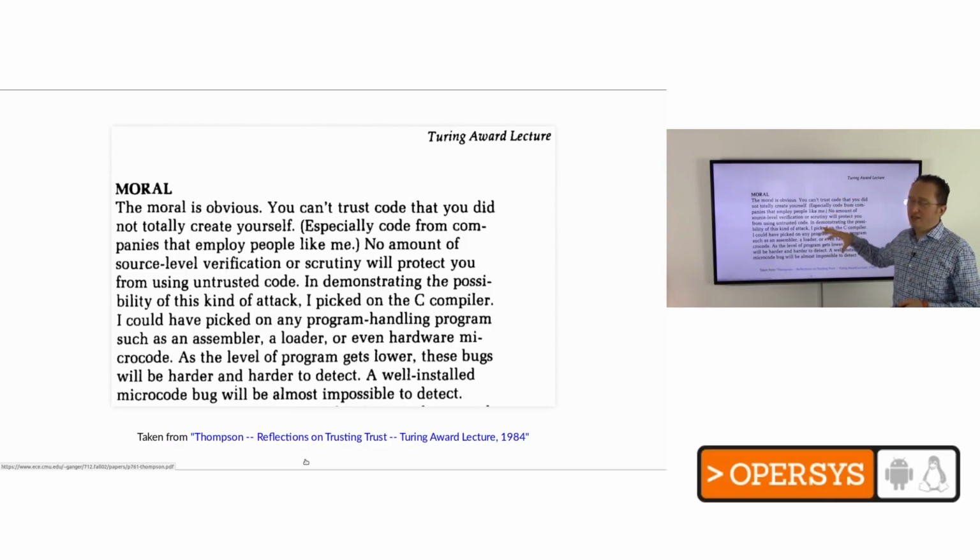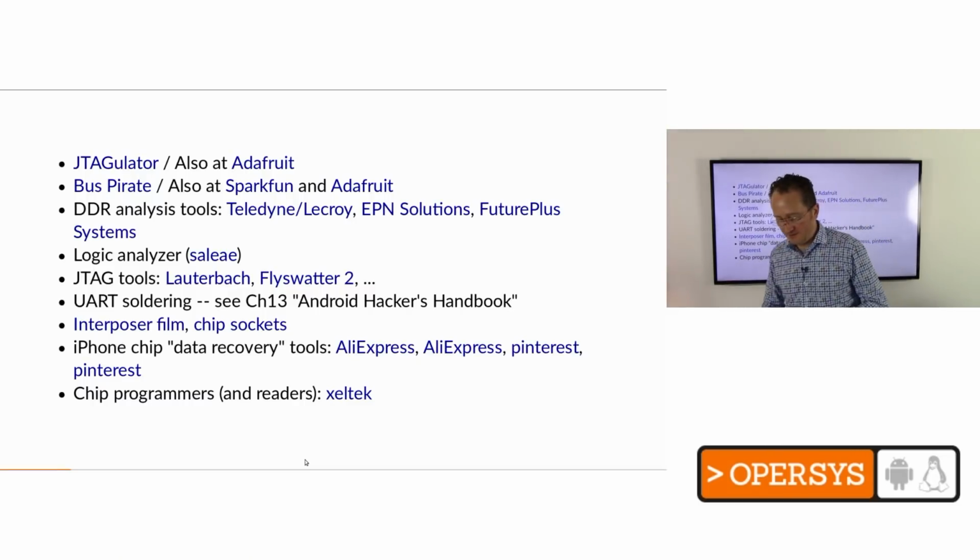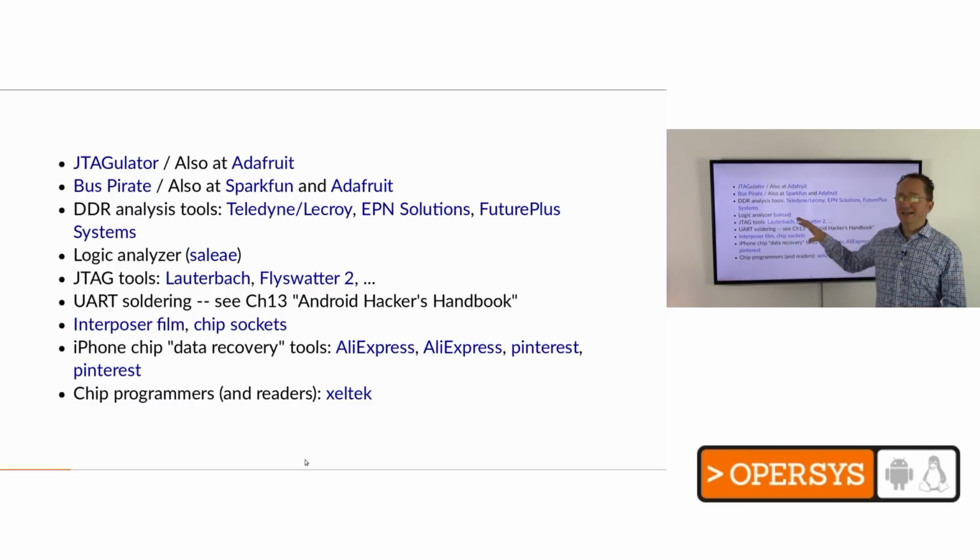So we have to understand how Android is secured at the hardware side in order to see how the software itself is secured. And if you don't believe me, I put a few links here for some hardware that I found that you may have fun playing with. You've got things like the JTagulator, an interesting piece of hardware that lets you connect a bunch of pins to it, and it will go around and tell you which of these are actually JTAG pins.